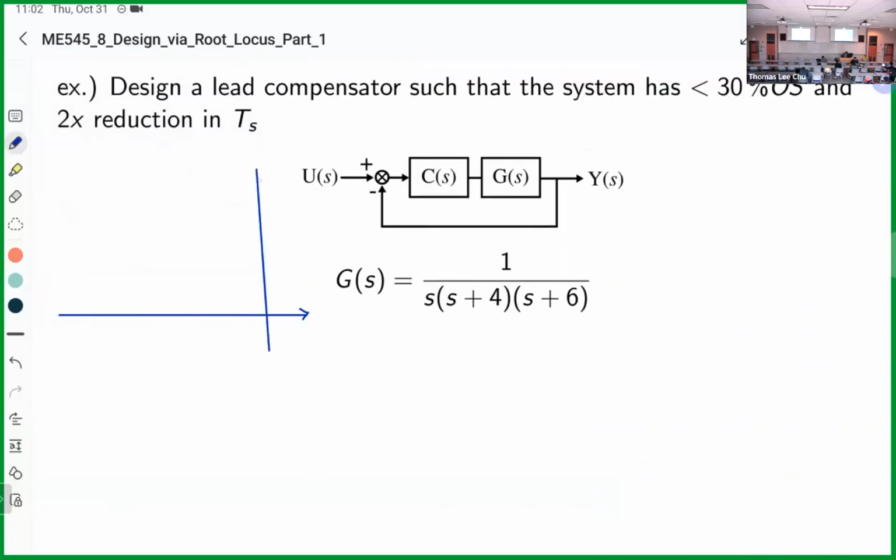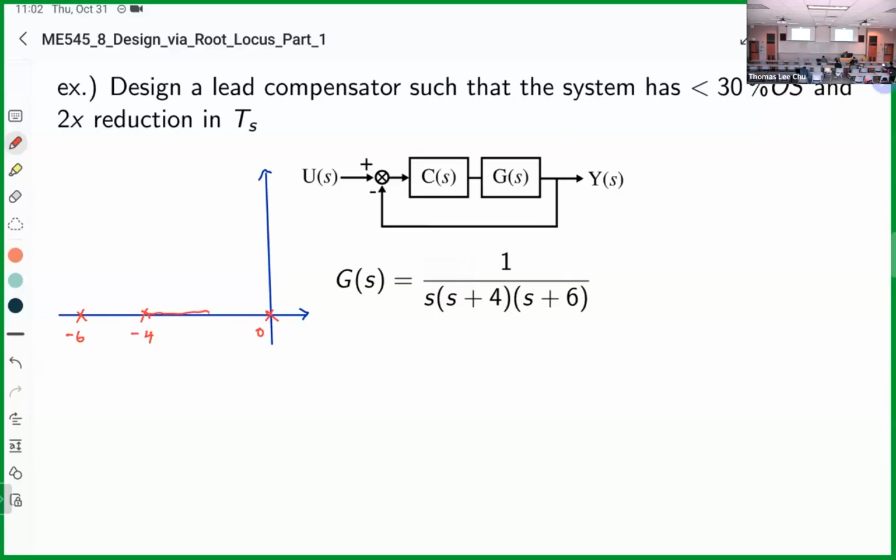And this thing I'm drawing is just from MATLAB. I don't really have the values off the top of my head. So I'm drawing the root locus. We have a pole at -6, an open loop pole at -4, and an open loop pole at 0.